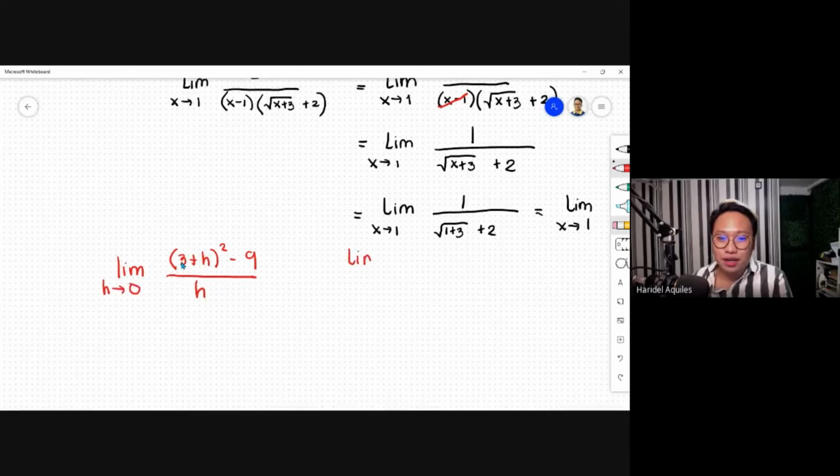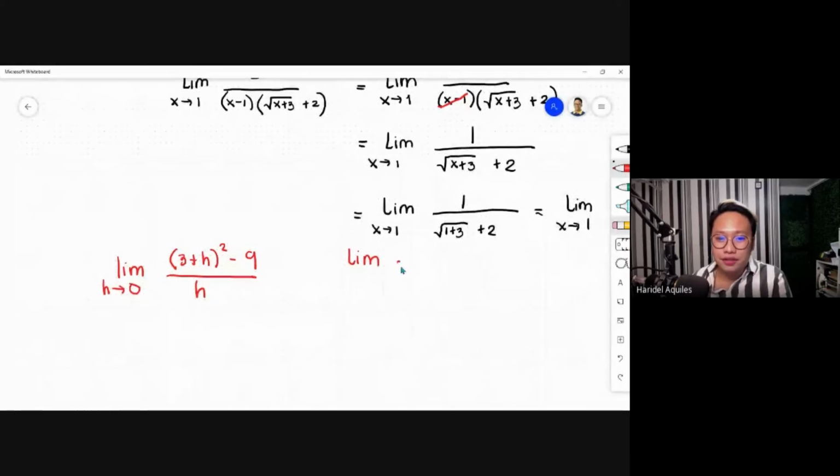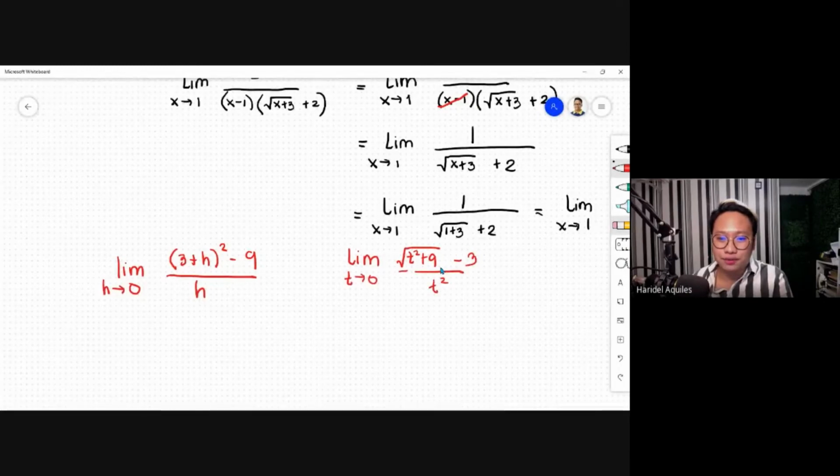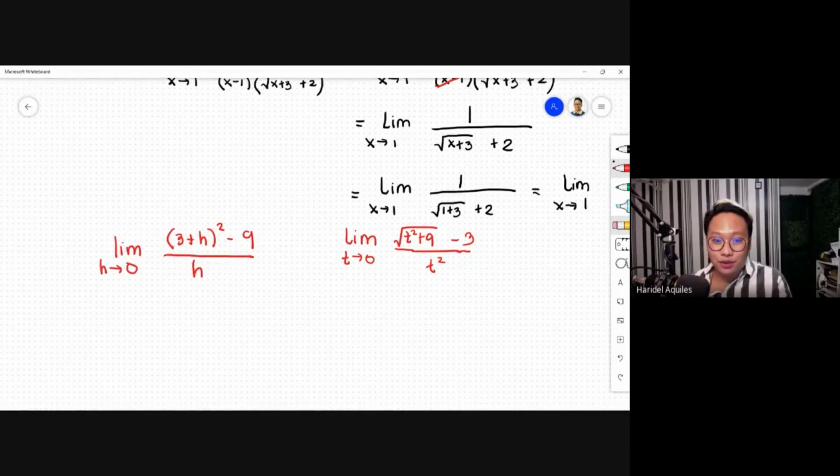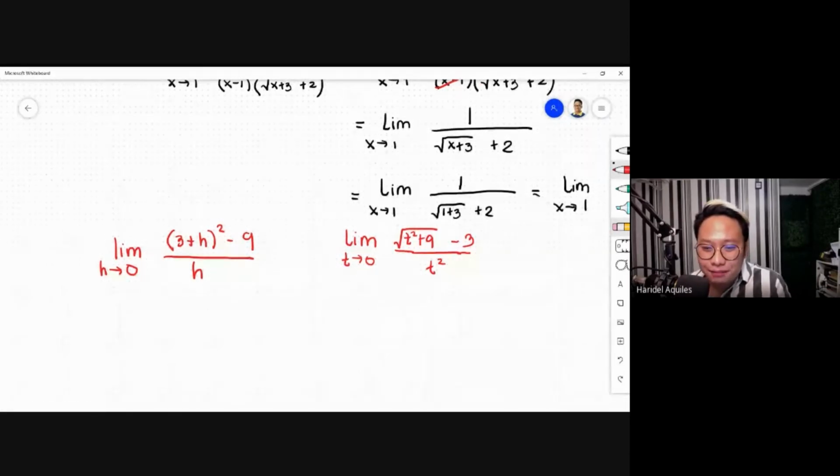The second one: limit of square root of t squared plus 9 minus 3 over t squared as t approaches 0. I'll give you maybe 3 to 4 minutes to answer these two items, and I'll get back to you.